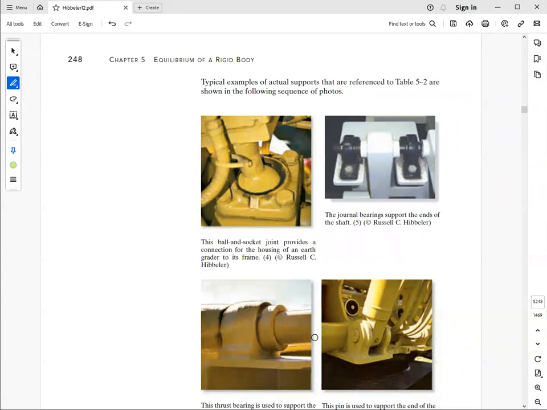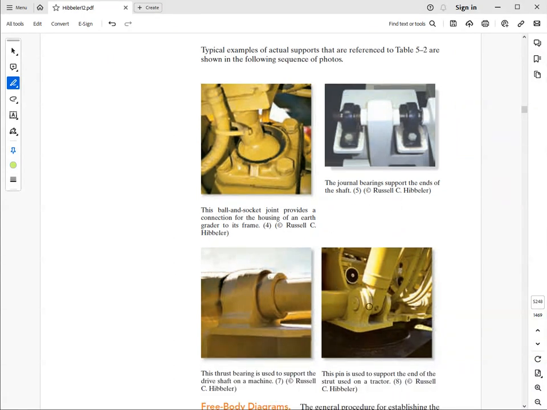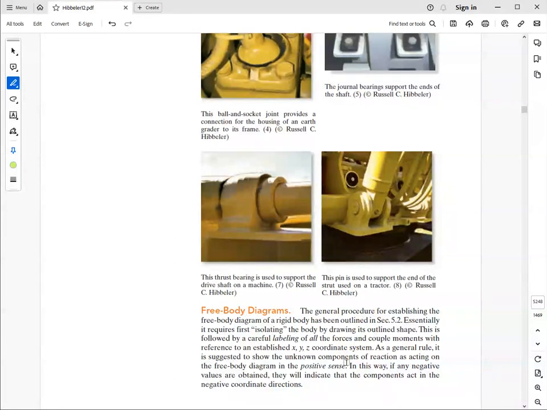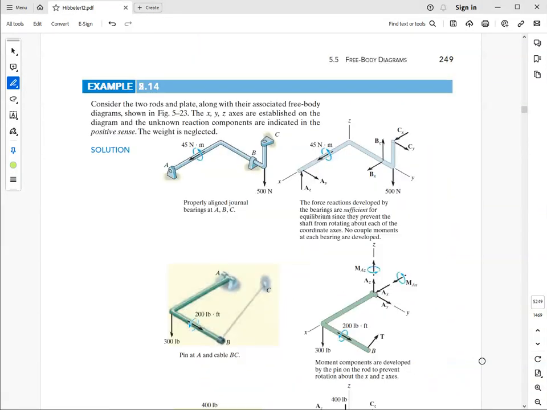Some examples, everyday life examples, photographs of the author, and then free body diagrams. So we need to draw free body diagrams, choose proper reference frames, and define the effect of the environment or the surrounding bodies, interacting bodies, upon the one that we want to analyze.